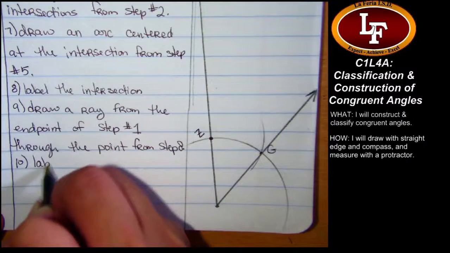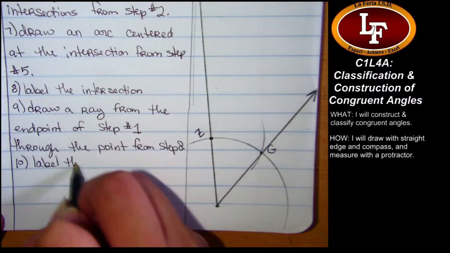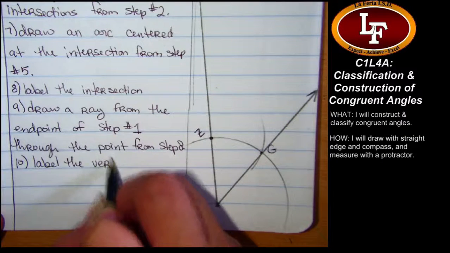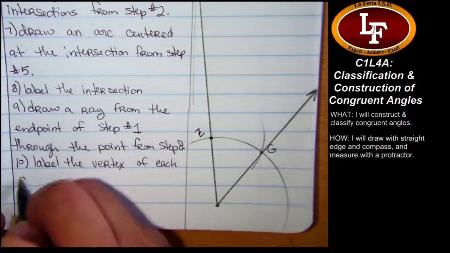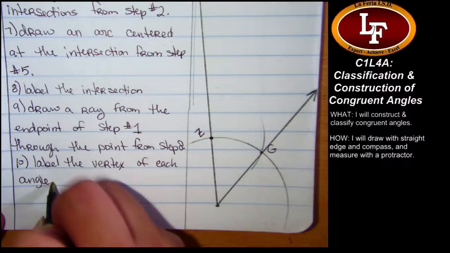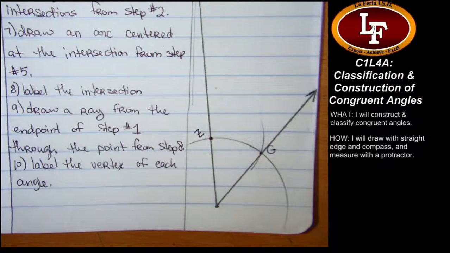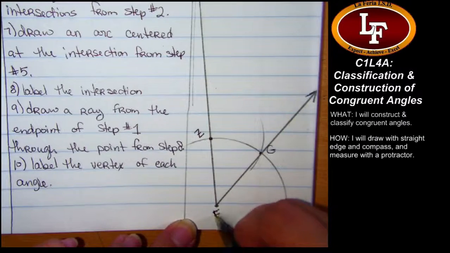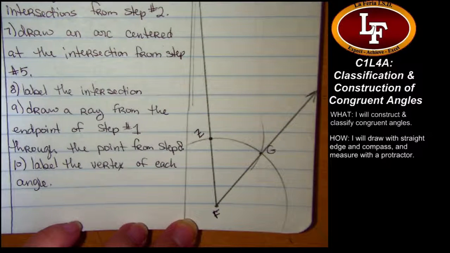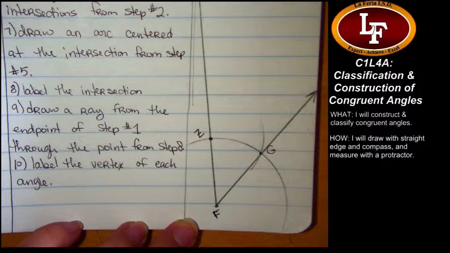My vertexes aren't labeled, so label the vertex of each angle. So I need 2 labels, please. F. All right. Hey, Eliud, can you give me the name of a point, please? E. Okay.